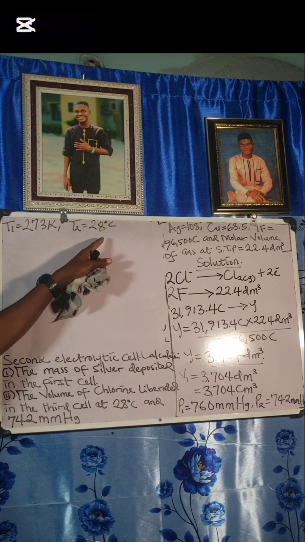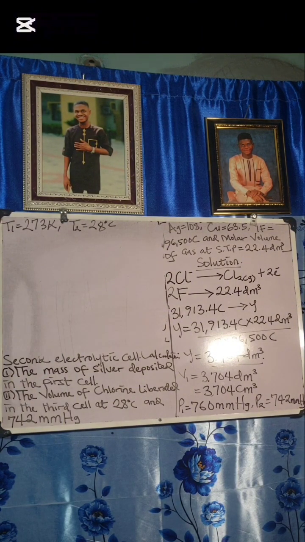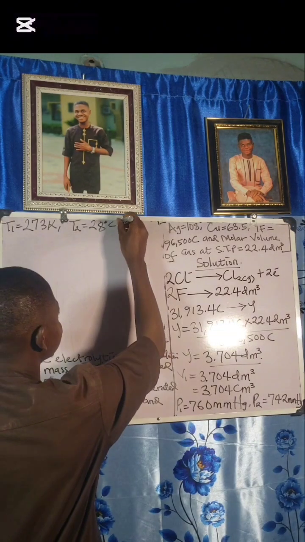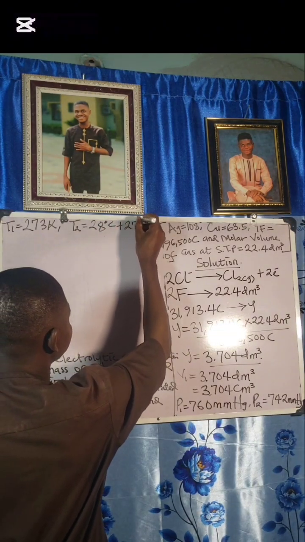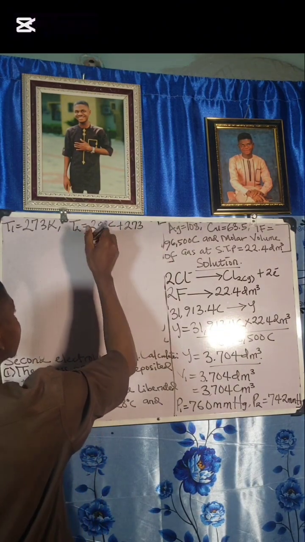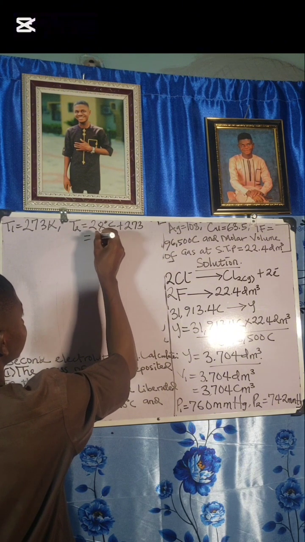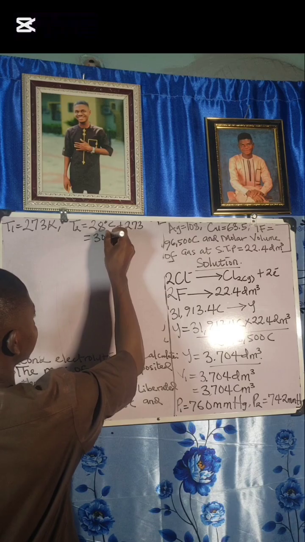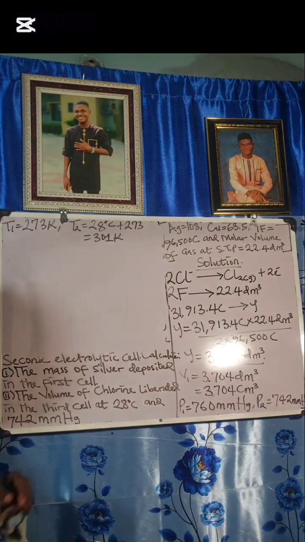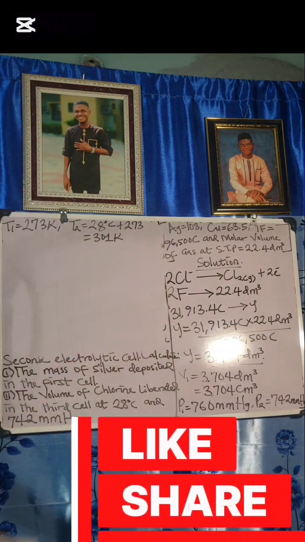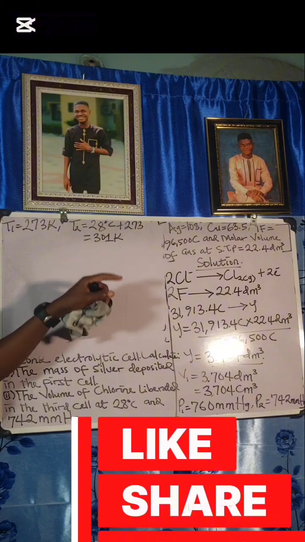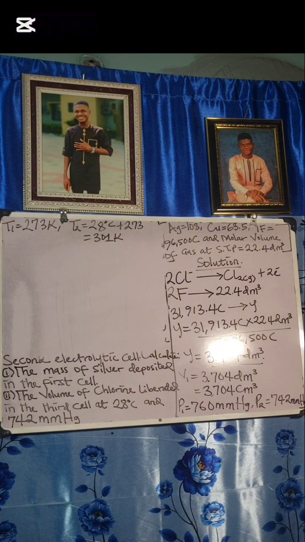And how do we do that? By adding 28 to 273. So if we add this up, we have 301 Kelvin. So our T2 is equal to 301 Kelvin.